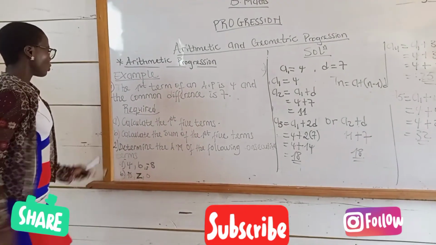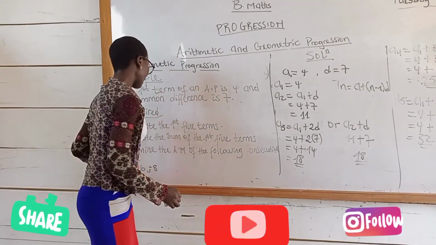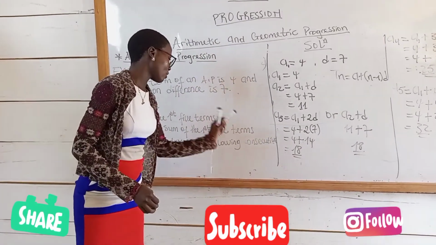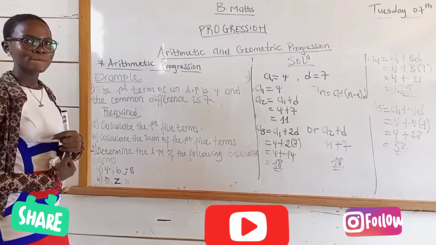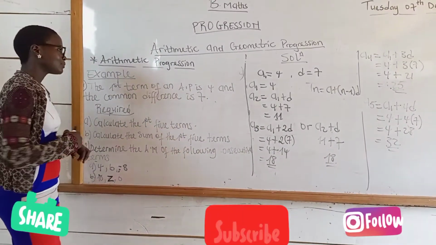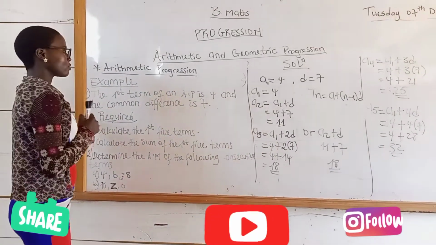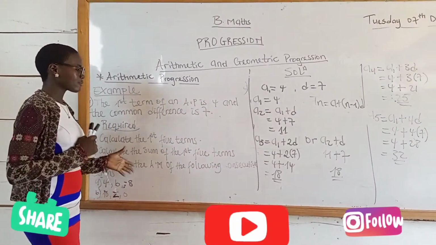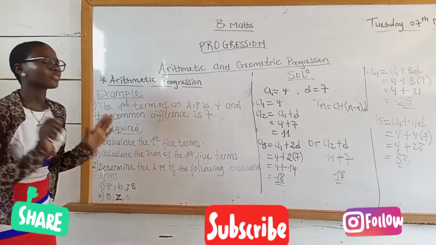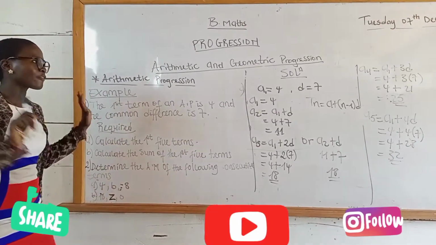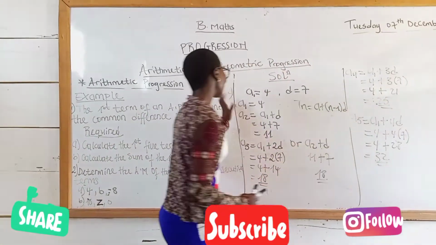Then we are going to do the B part, which is the sum of the first 5 terms. Note this. In a question, they may tell you to calculate the first 5 terms, or they may say calculate the 5th term. If they say calculate the 5th term, you only calculate A5. You do not start from A1.